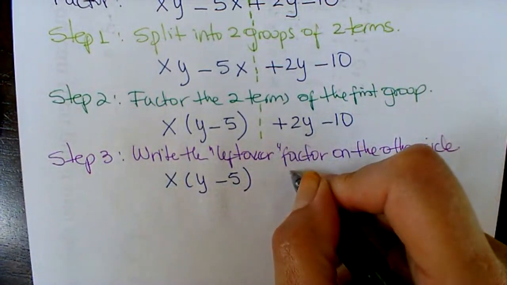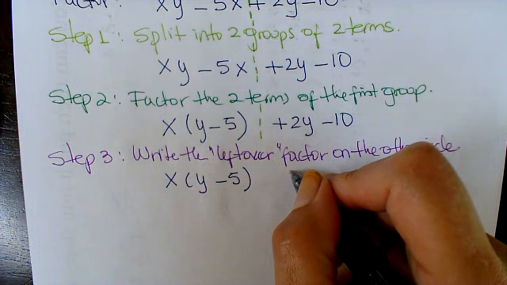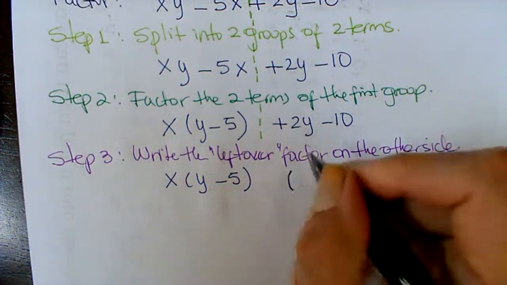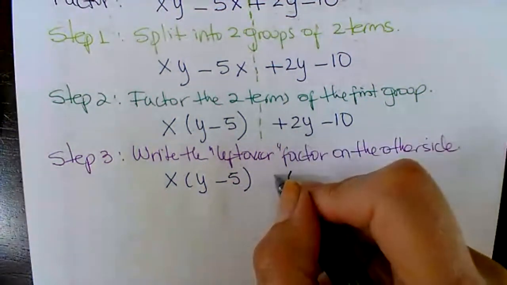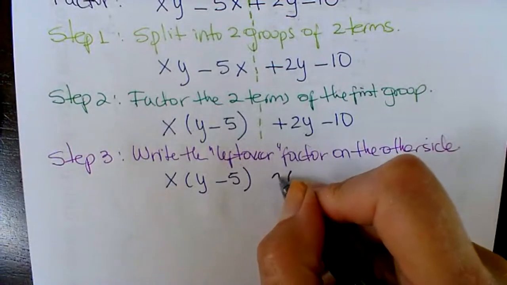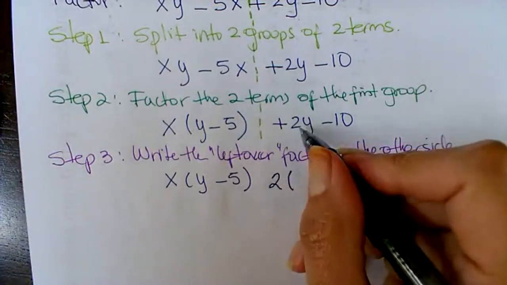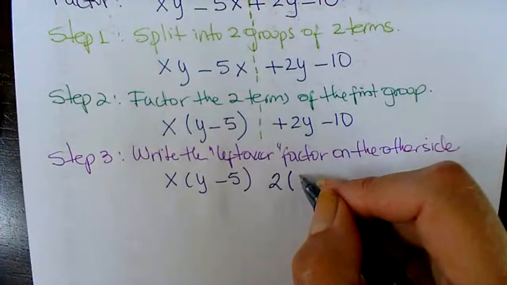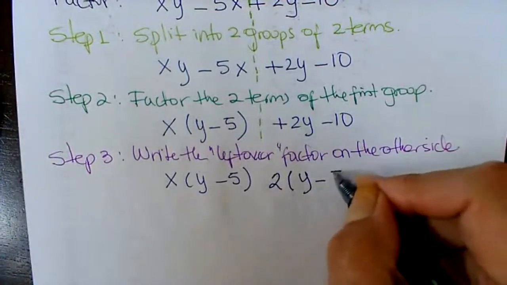Our greatest common factor is going to be 2, right? So it's going to be 2, and my leftover would be y minus 5.